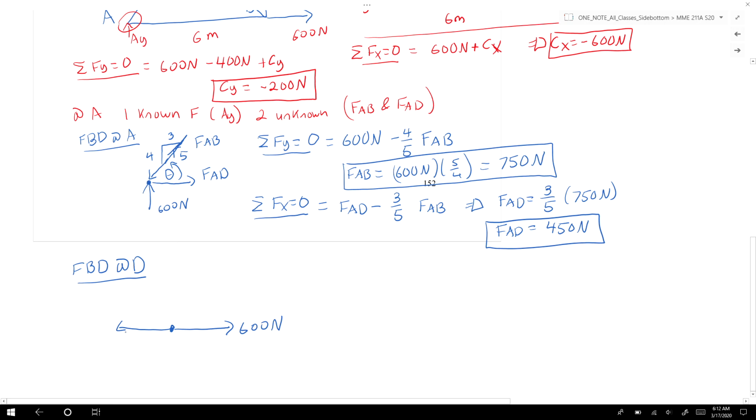So this is force AD, which would be 450 newtons.